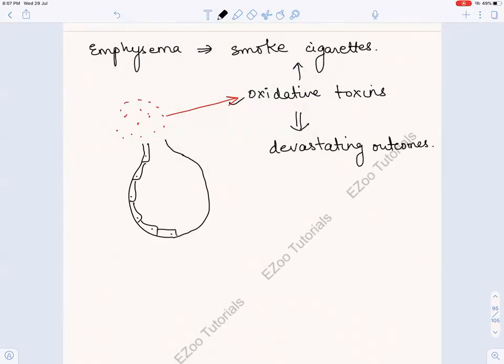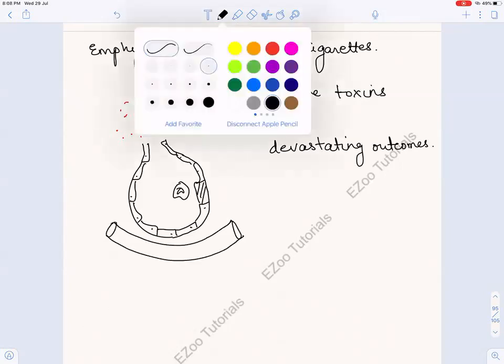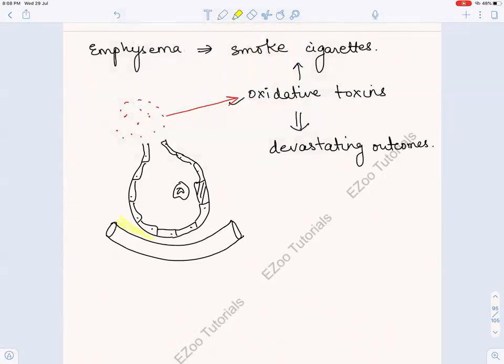And what else did we draw? We said there were some surfactant cells and there were some macrophages, right? And then there was this capillary, and then there was this basement membrane or basement surface. All these things we drew.